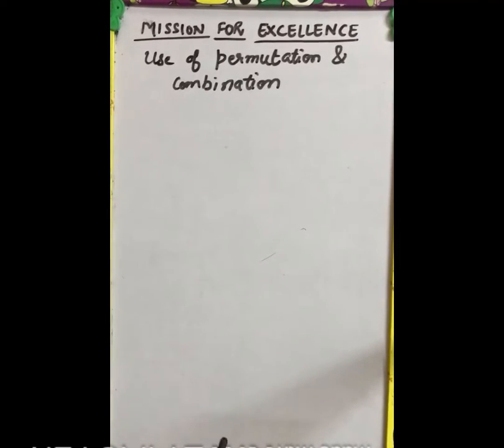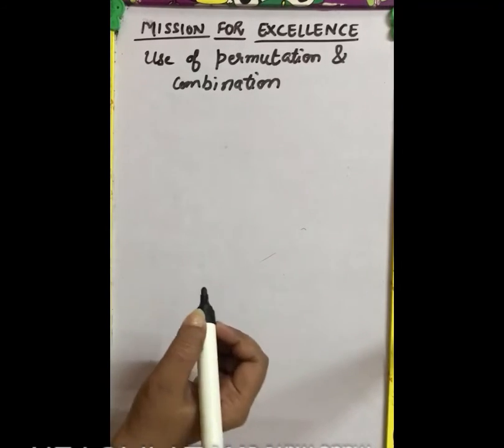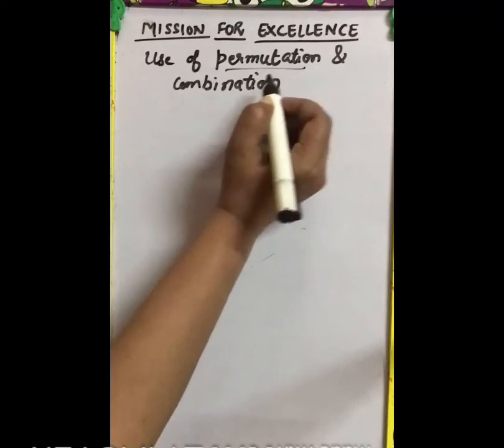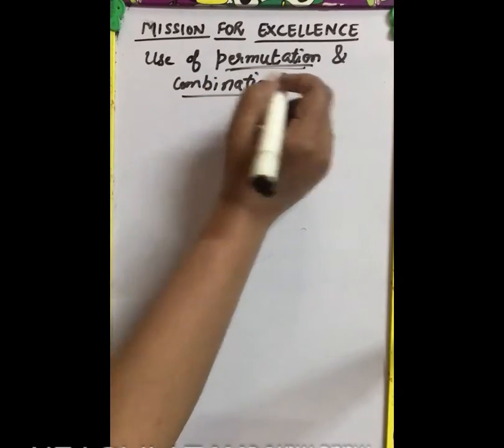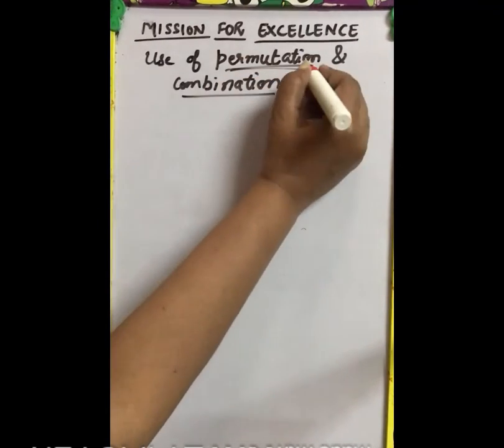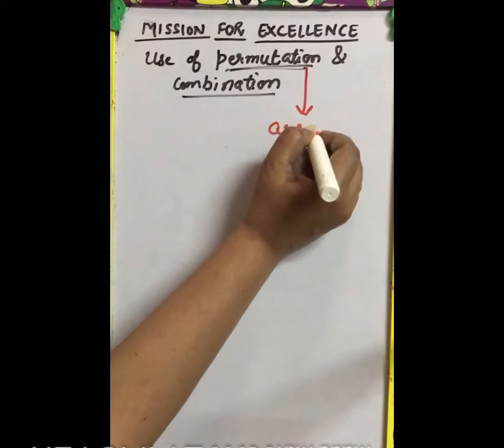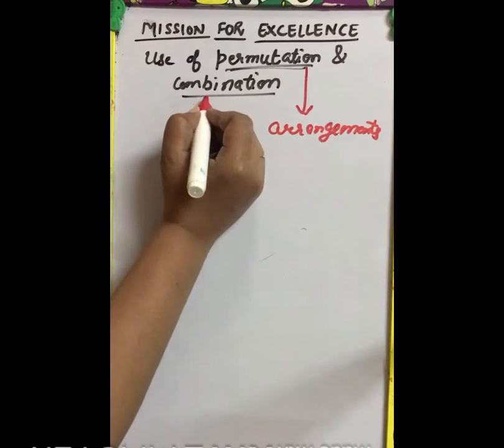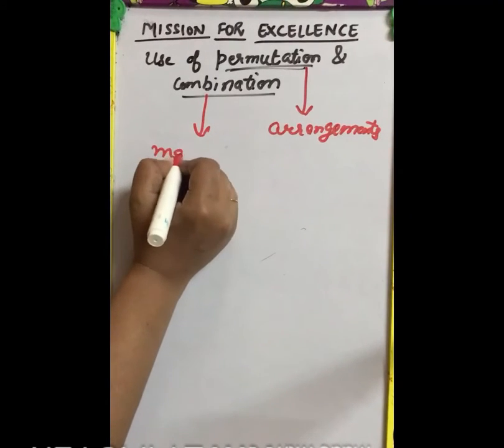Now I will tell you the use of permutation and combination to calculate the mean and variance. How can we use the permutation and combination? Permutation means arrangements. So this permutation indicates arrangements, and this combination means making groups.